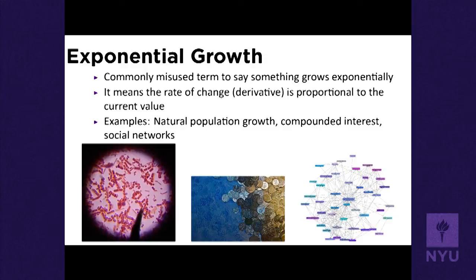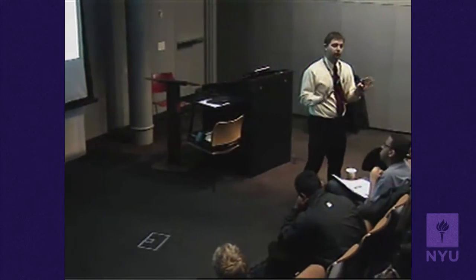Okay. Other things which increase exponentially is money. We did that extended example with money in your bank account. Right? The amount of interest you get is proportional to the amount of money you have in the account in the first place. And so the amount of money you will get grows exponentially. Your social networks can also grow exponentially because the more friends you have, the more connections you make, the more new connections you are exposed to.